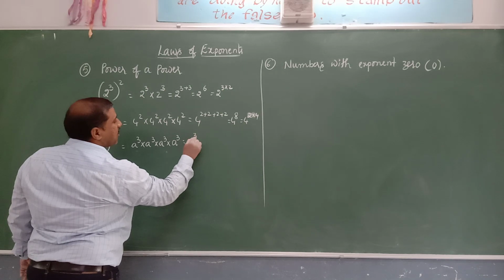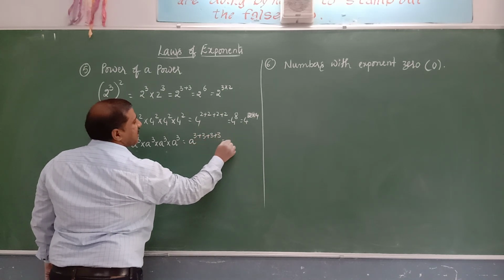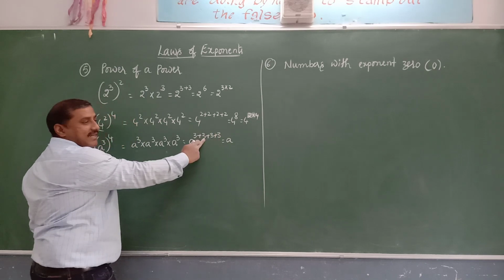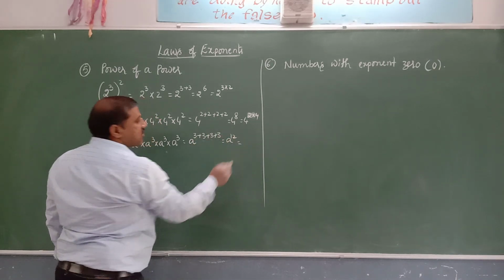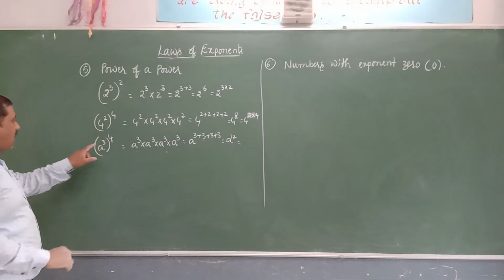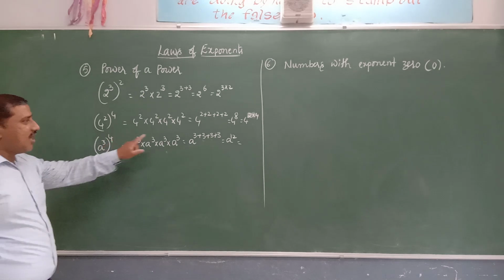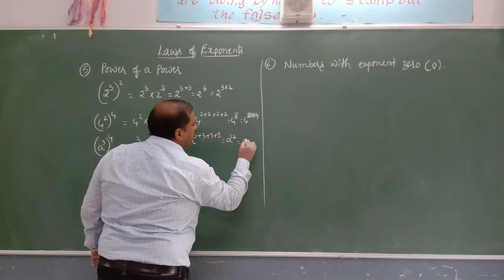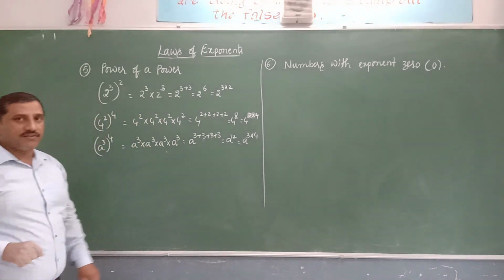That is a to the power of 3 plus 3 plus 3 plus 3, that is a to the power of 12. 3 plus 3 is 6, 6 plus 3 is 9, 9 plus 3 is 12. Now the product of these two powers 3 and 4: 3 fours are 12. So this 12 can be written as a to the power of 3 into 4. That is the product of the powers.